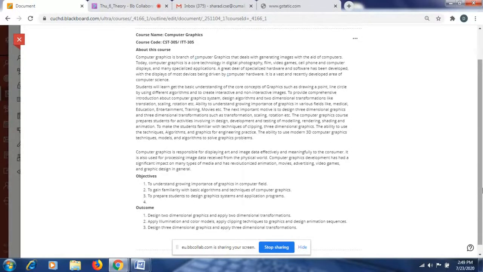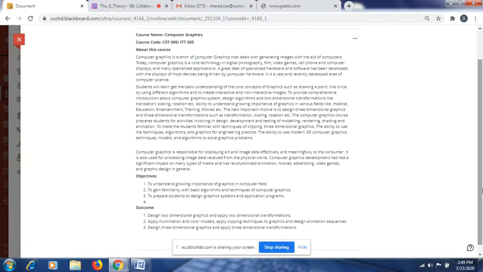There are various kinds of algorithms and techniques, and we will study them one by one. The third is to prepare students to design graphic systems and application programs based on these graphic systems. So these three are our computer graphics subject objectives.